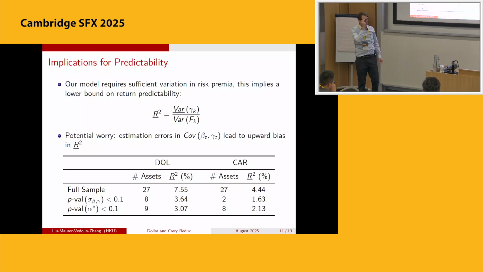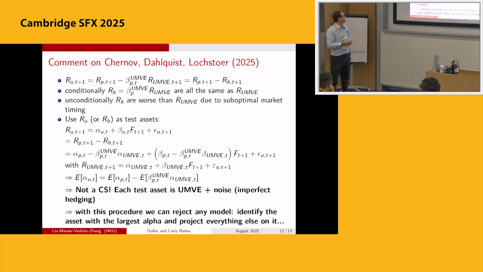Now, we can back out from our estimates how much time series variation there should be in risk premium and translate that into how much R-square you can potentially get in predictive regressions on the dollar and the carry factor. And depending on how you do this, we find that R-squares would be somewhere between 3 and 7.5% for dollar, and for carry between about 2 and 4.5%. I think these numbers are quite reasonable, especially for dollar, where we know that average forward discount can actually predict quite a lot. So I'm not too worried about that.